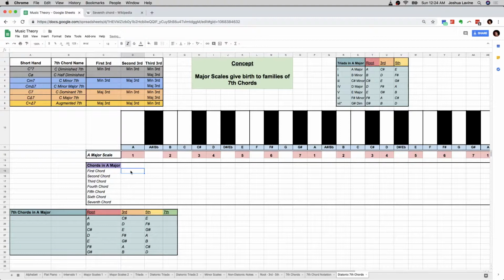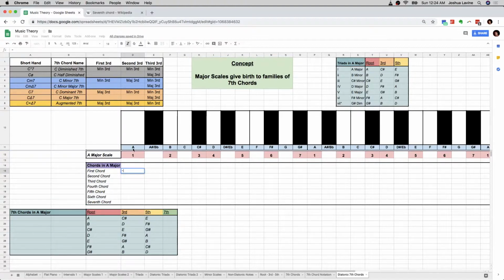So here we are. Let's begin by just establishing the root notes of each of the chords in A major. And this is a really easy exercise because all we have to do is say, well, the root note of the first chord is going to be A because it's the first scale degree.